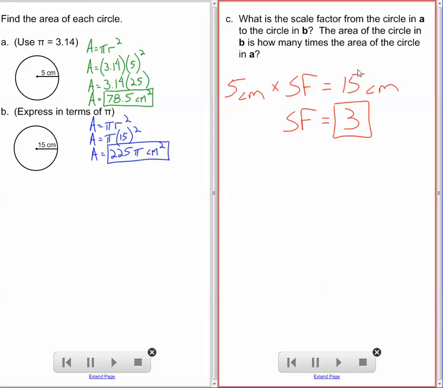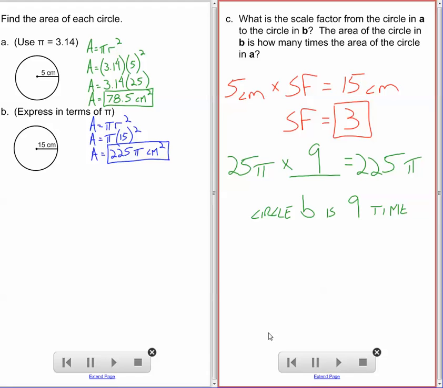Okay, now as far as the area is concerned, 25 pi, I guess that's probably a better way to look at it. 25 pi times what is 225 pi? 9. So the area is actually 9 times bigger in circle B than circle A. Okay, we got 25 pi and 225 pi.